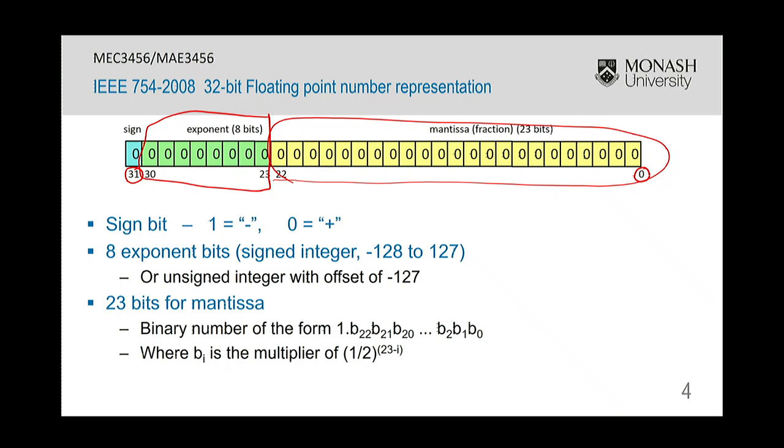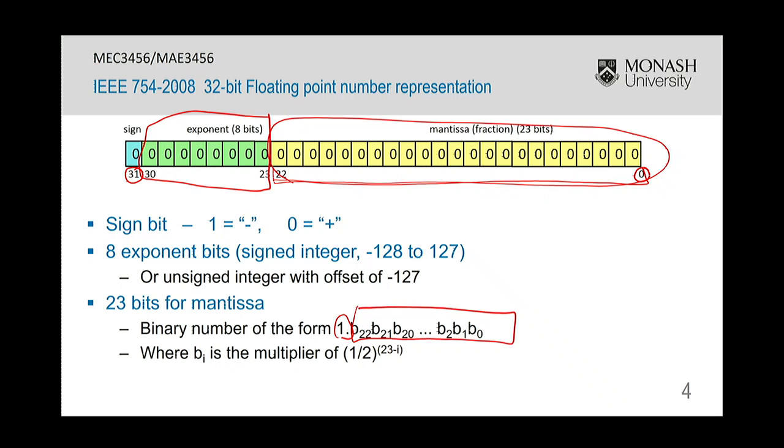This is a binary number of the form 1 point, then a series of digits. What we actually store in these digits is the part after the decimal point. We're assuming that there's a 1 in front of it.